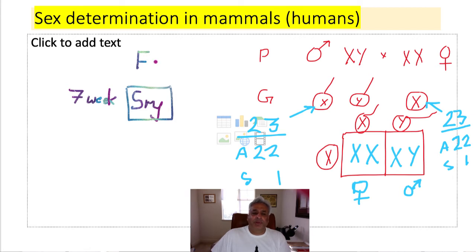So in females, you do not activate that gene and you end up becoming a female. In males, because of your Y chromosome, that gene will be activated and then you will be turned into a male. So the default pathway is a female, unless you turn on the SRY gene, then you become a male.